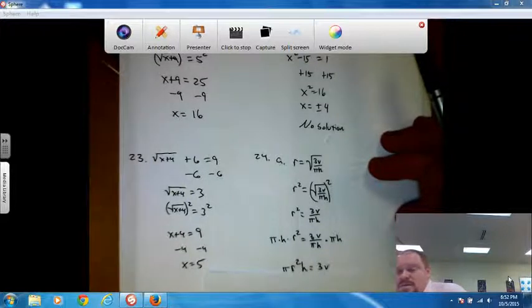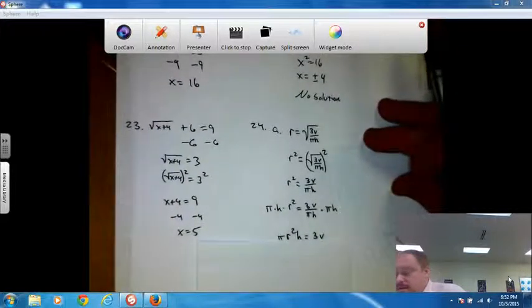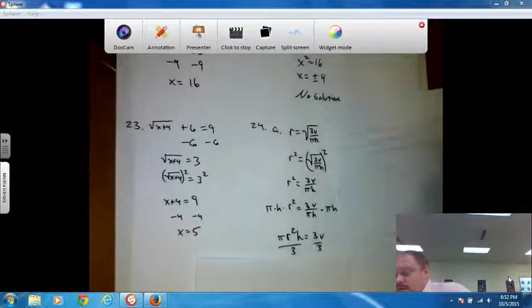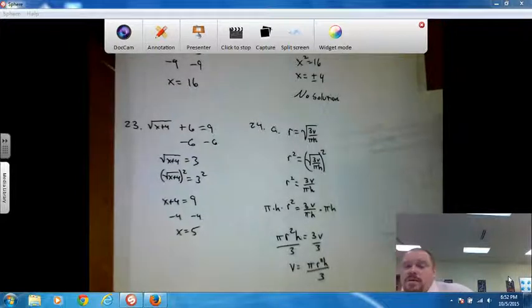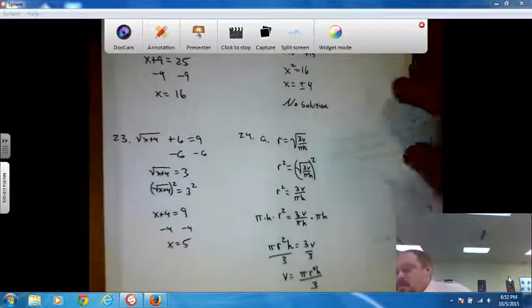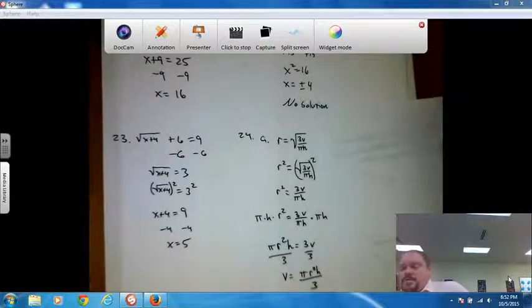Well, get v by itself. Divide both sides by 3. Over here, the 3's cancel. And so I'm left with v equals pi r squared h divided by 3.